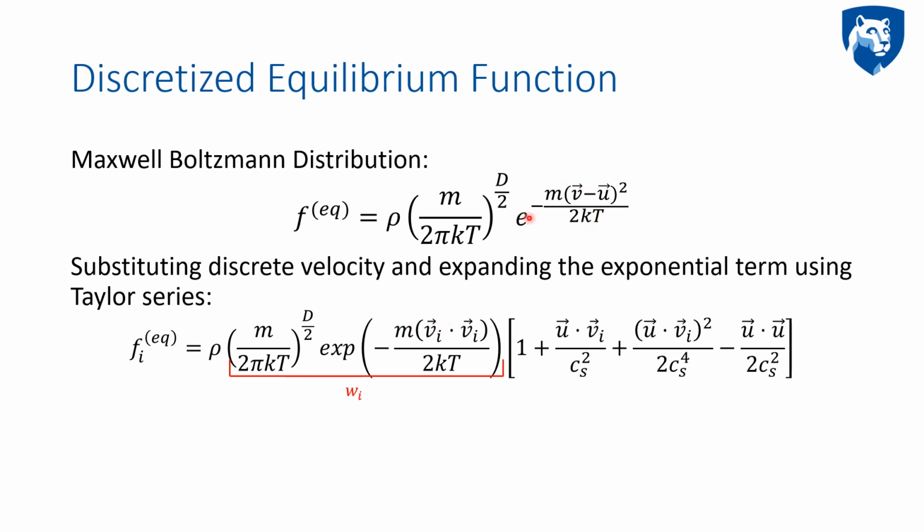Once we plug that in, and we Taylor series expand the e term, we get this form of the equation right here. All of this whole term is actually a constant. The discrete velocities are set to be constants depending on the lattice you're using, so all of this can be treated as a weighting function Wi.